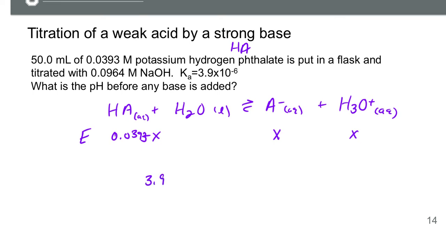We set that equal to the Ka, which is 3.9 times 10 to the minus 6, x squared over 0.0393 minus x. In this case, x is going to be small compared to the 0.0393, so we can ignore that, make our lives easier.